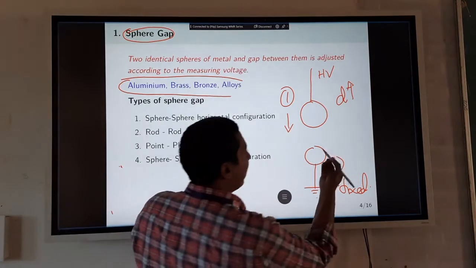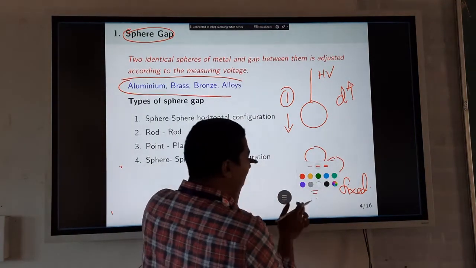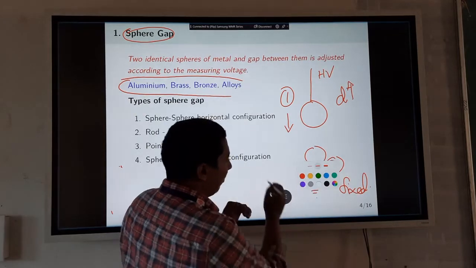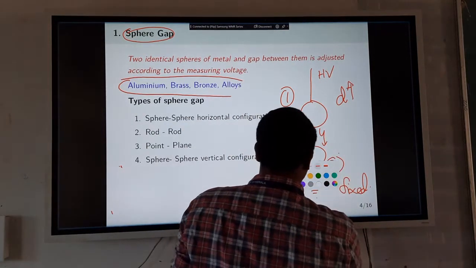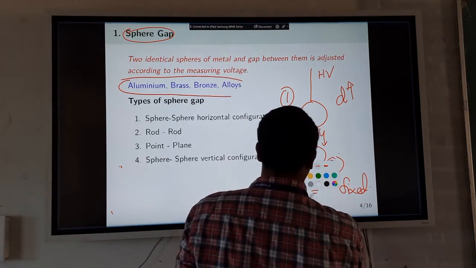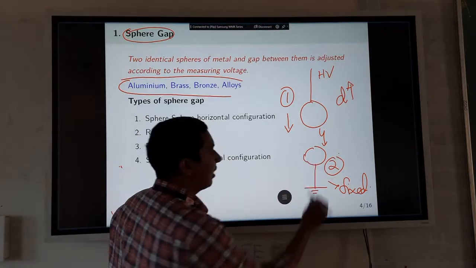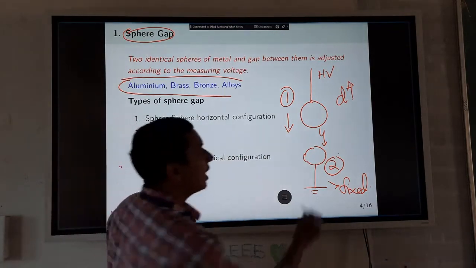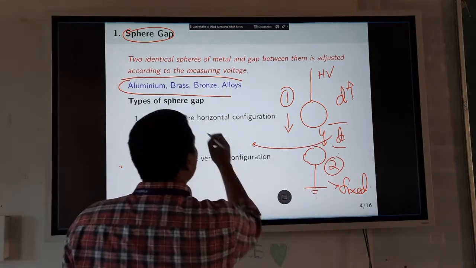So at some critical distance, it will reach a critical voltage value, and that is why you will have a flashover and breakdown between these two spheres. That corresponding distance you will note down, and this d you will use in a chart.